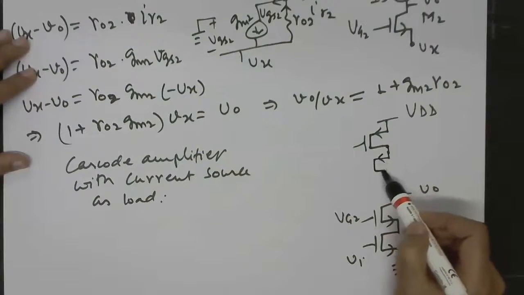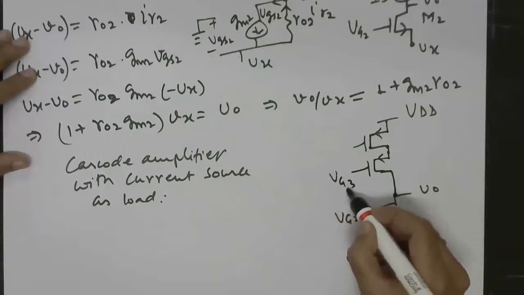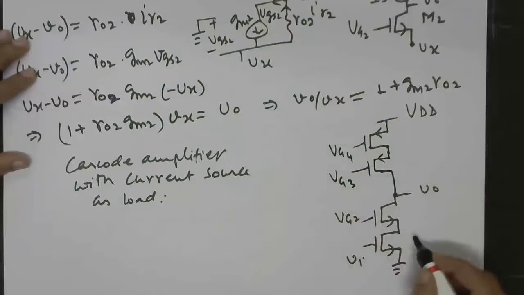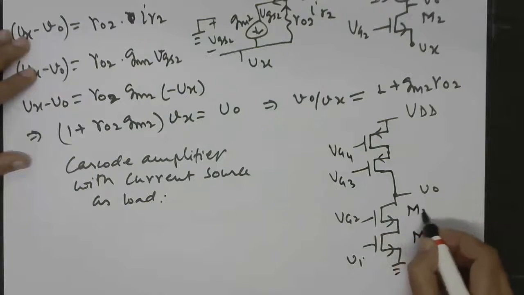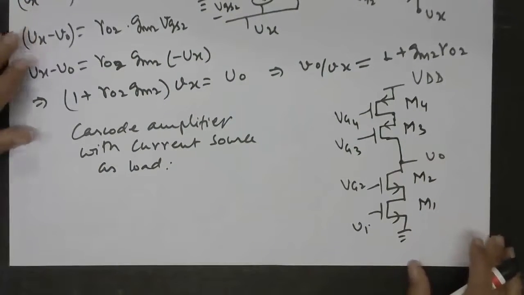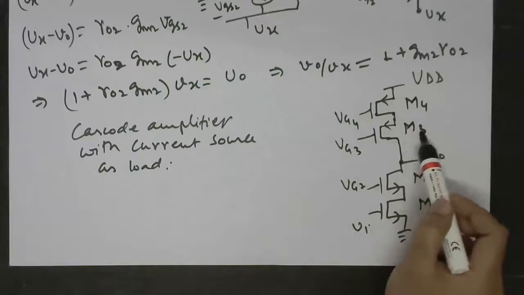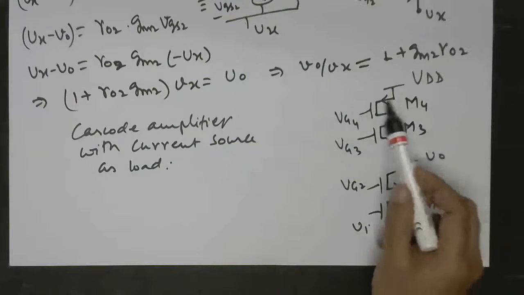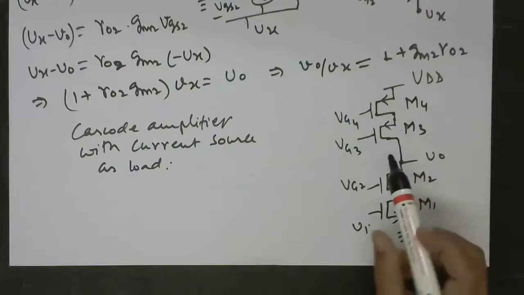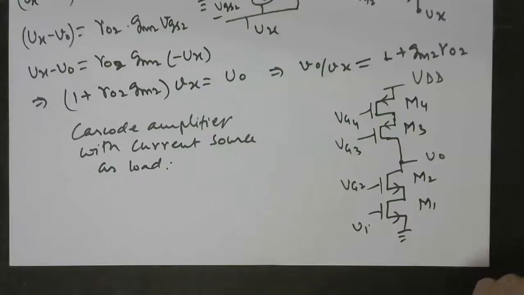So then we should have this configuration like this. Right. So this is the circuit that will be actually implemented in real life. Now we have a current source with very large impedance. So RD is now going to be very large. So the gain of this is going to be approximately equal to the gain of the product of these two amplifiers.